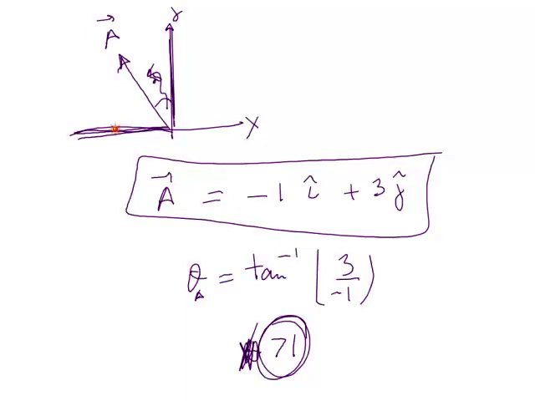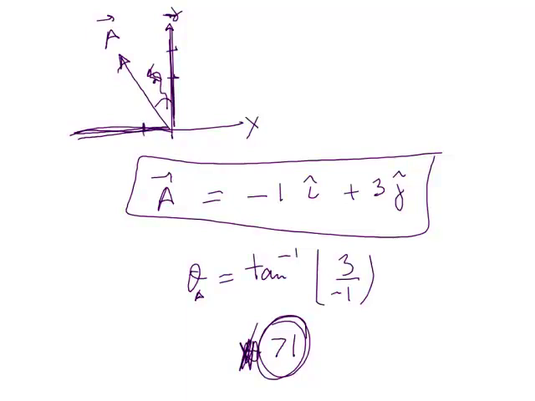The next test to figure that out is, instead of focusing on the signs, focus on the magnitude. 3 is for j, while 1 is for I, which means we're going 1, 2, 3, and only 1.